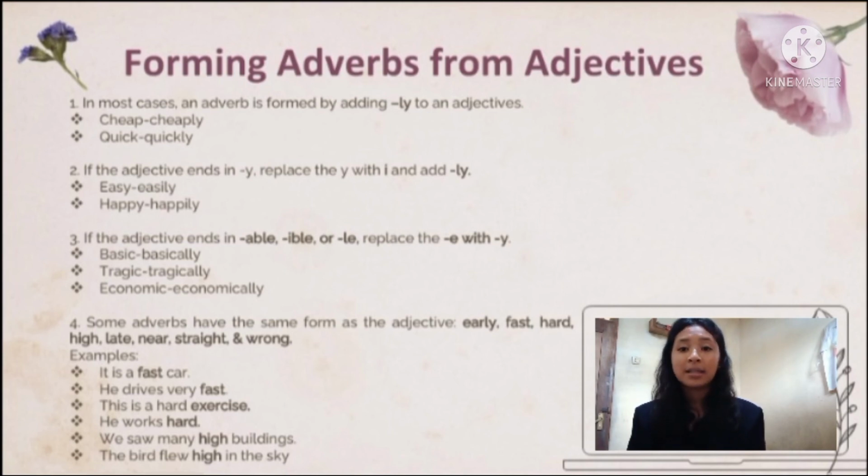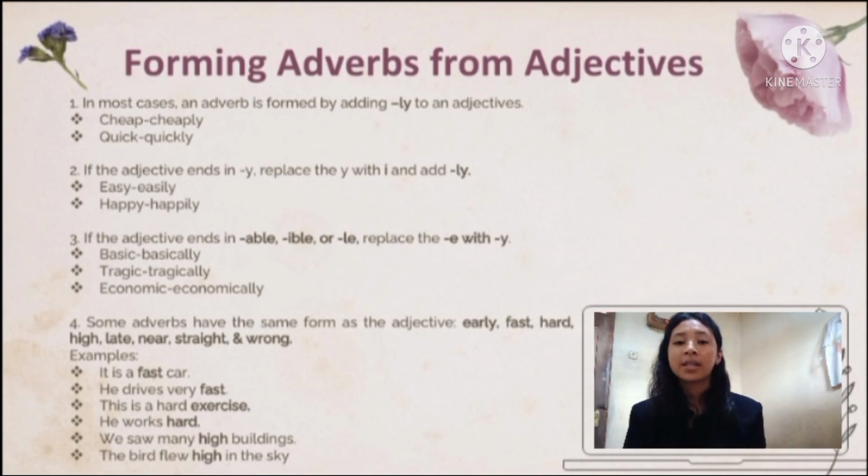For example, easy to easily, happy to happily. And the third form is, if the adjective ends in able or le, replace the e with y. For example, basic to basically, tragic to tragically, economic to economically.